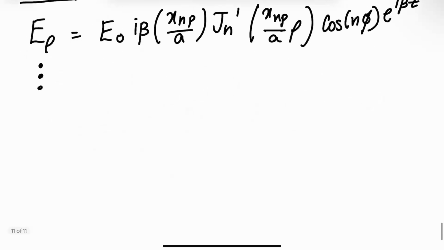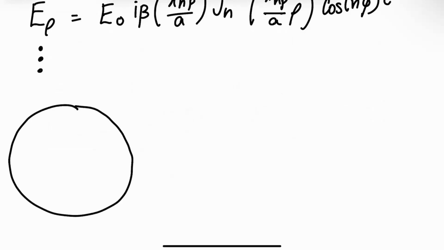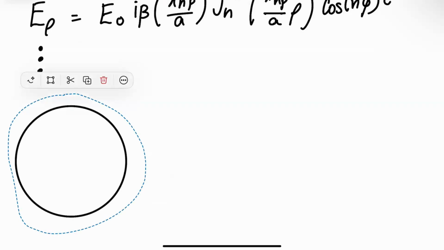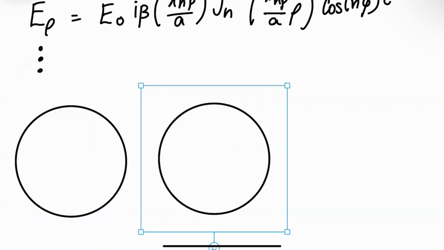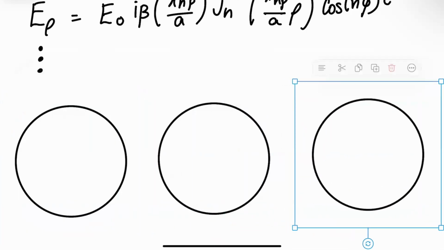And what we want to see is what do these fields actually look like? What is the dominant mode? Let me try it out. So that's one. Maybe I'll just make a copy, and we have another copy.